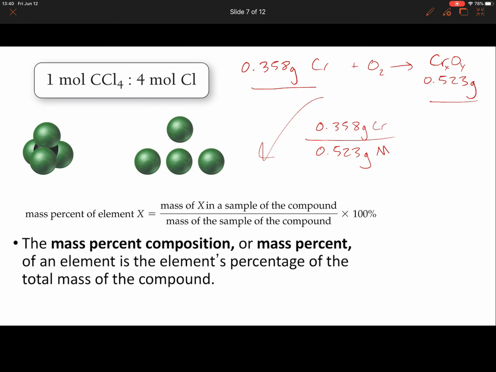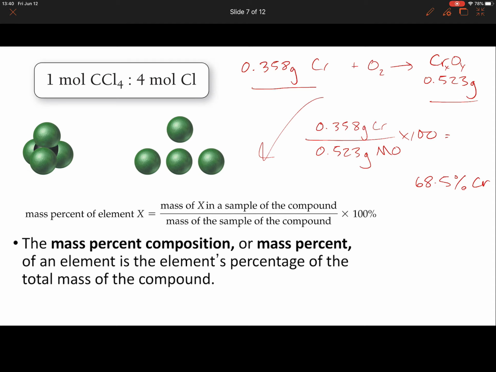Let's just call it metal oxide. We say times 100, and we'd get 68.5% chromium. So what we know now about this metal oxide is that it's 68.5% chromium, and we can use that as a conversion factor.